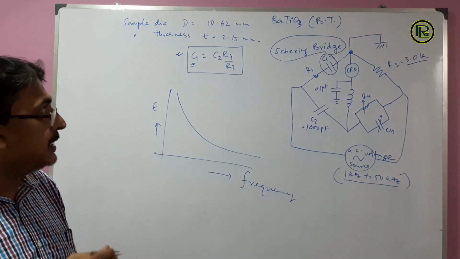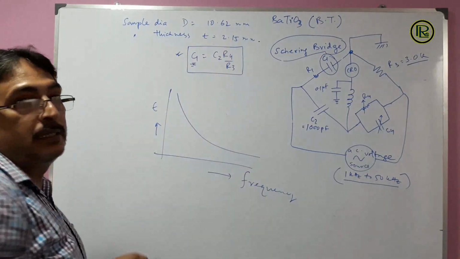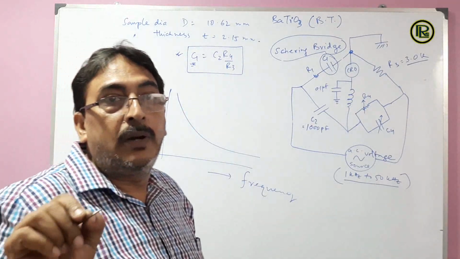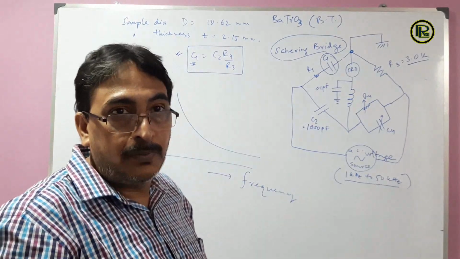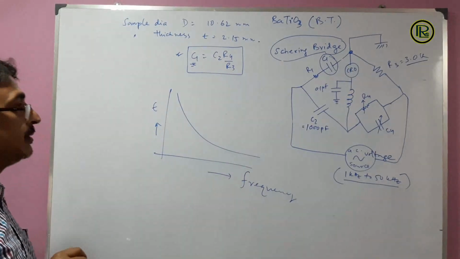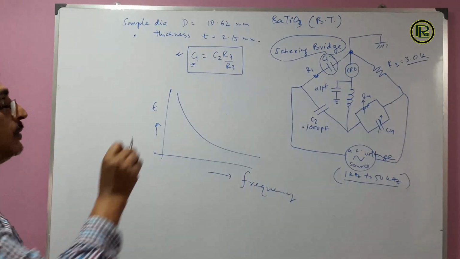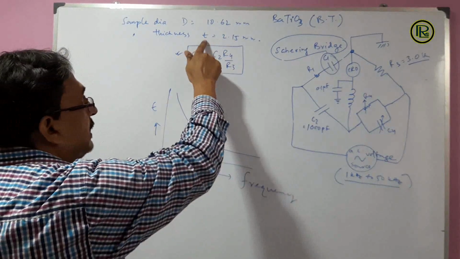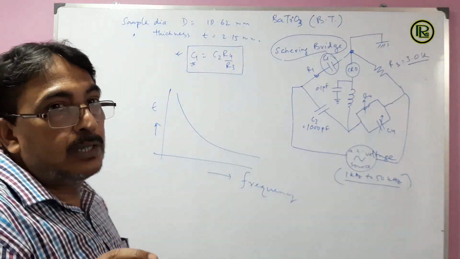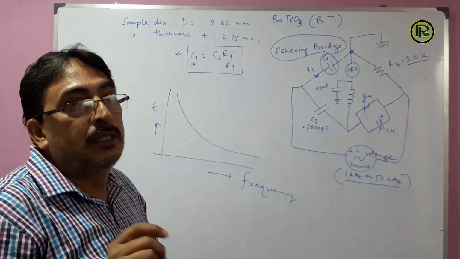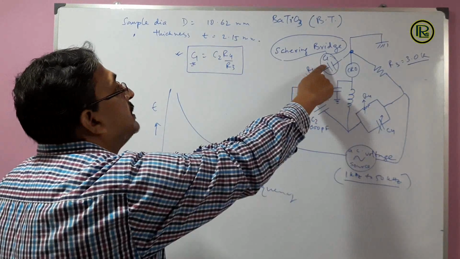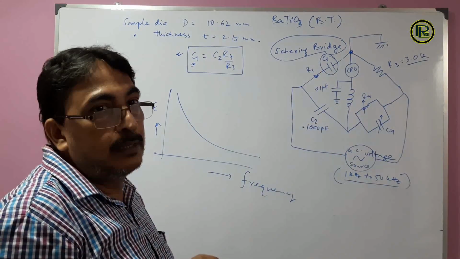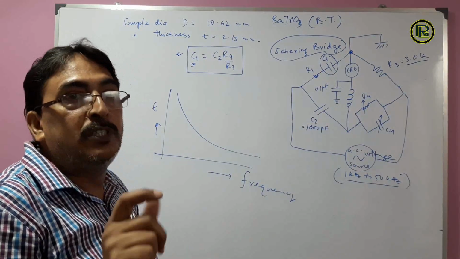From the diameter we can get the area, pi d square by 4. If we know the area of the sample and the thickness, then we can get the value of C0, that is, the value of the capacitor C1 when vacuum is present.